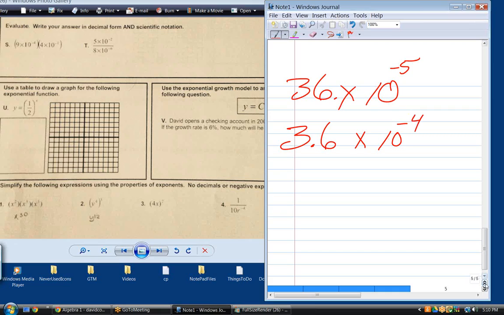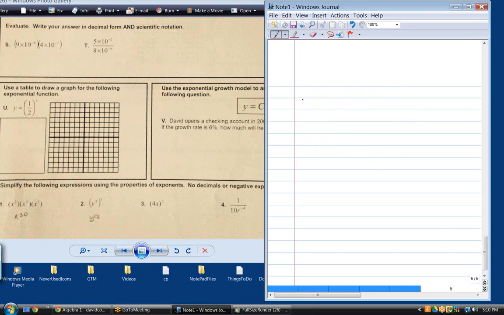The way to figure this out is to say we had 20 times 10 to the 0. What's that equal to? 20. Okay. So if we want to express this in scientific notation, what would it be?